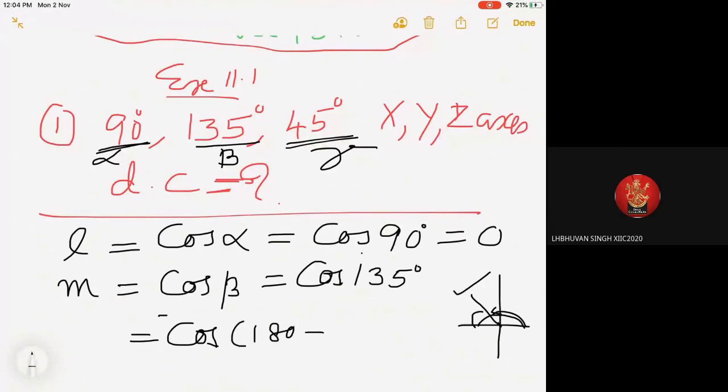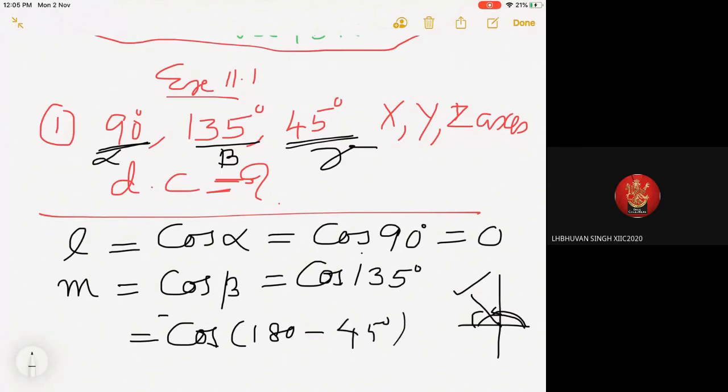It is minus cos of 180 minus 135, that is 180 minus 135 is 45.